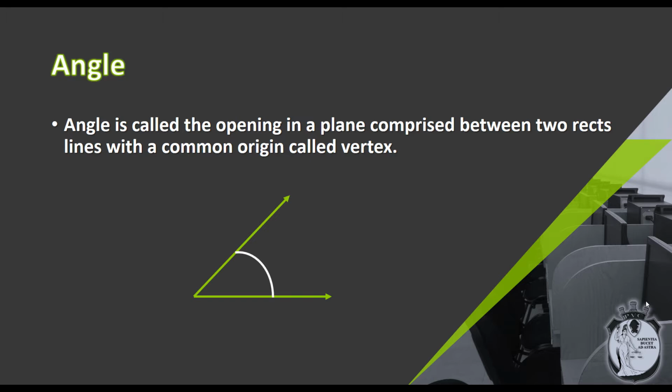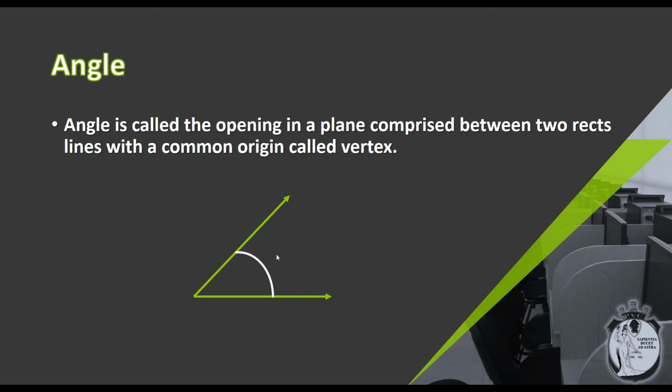Okay, now we will see what an angle is. An angle is the opening in a plane comprised between 2 rect lines. For example, this is an angle because this is a rect line, another rect line, and you need to understand that the angle is the space between those rect lines, and the rects must intersect between them.